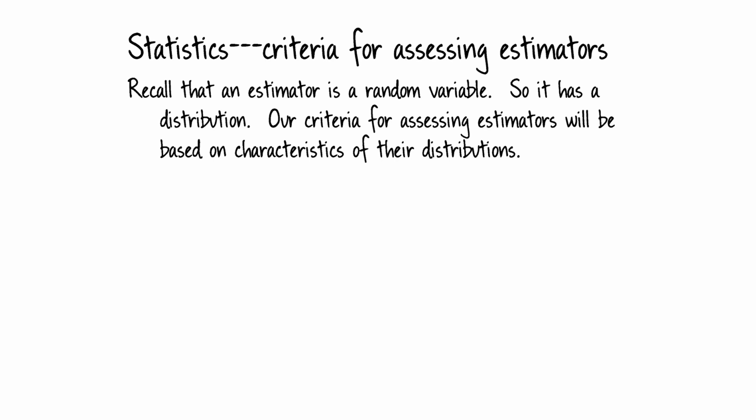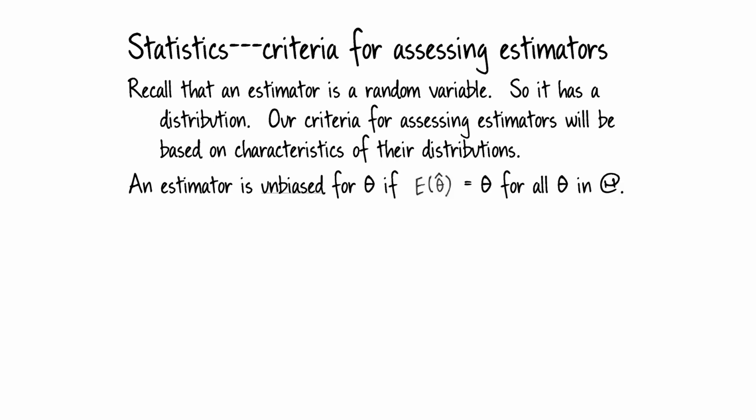So what characteristics of the distributions matter? What do we care about? First, I'm going to define a characteristic called unbiasedness. An estimator is unbiased for theta, the parameter we're interested in estimating, if the expectation of theta hat is equal to theta for all theta in capital Theta. This just means for all possible values of theta.